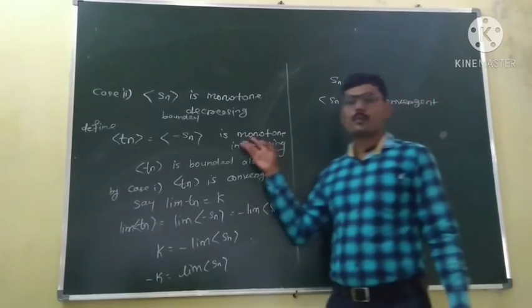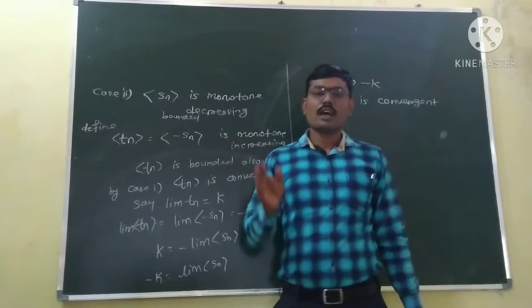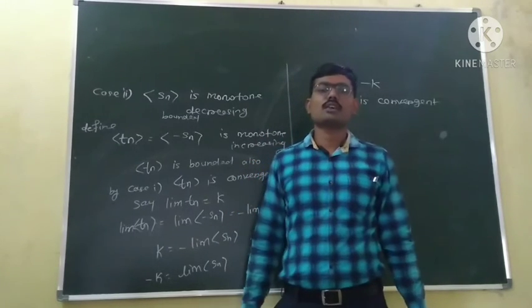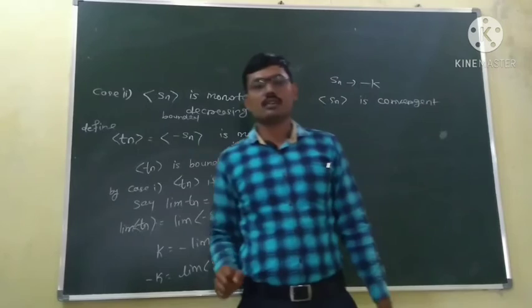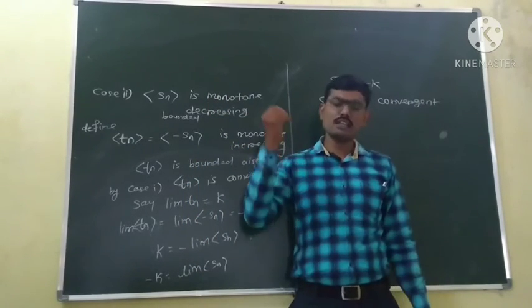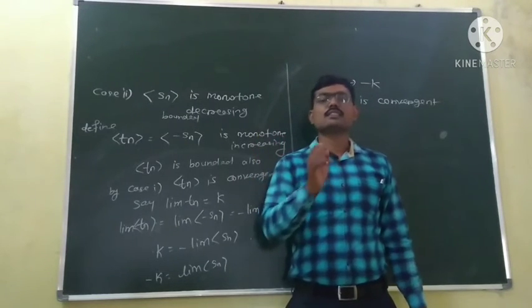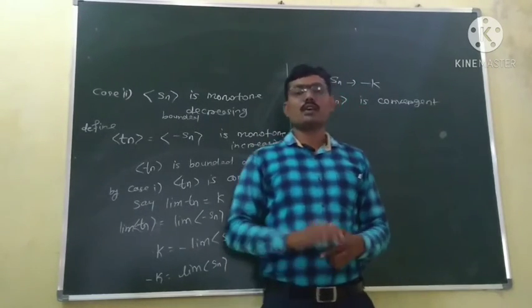So if a sequence is monotone decreasing and bounded, then the sequence is convergent. What have we learned? If there is a sequence which is monotone, either increasing or decreasing, and it is bounded, then the sequence is convergent.